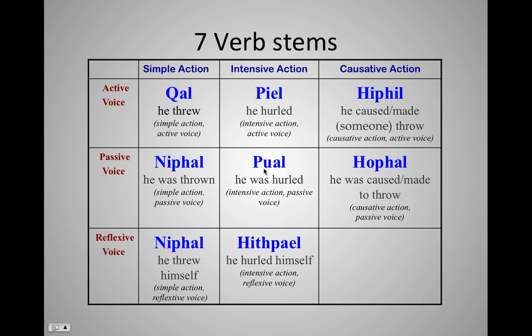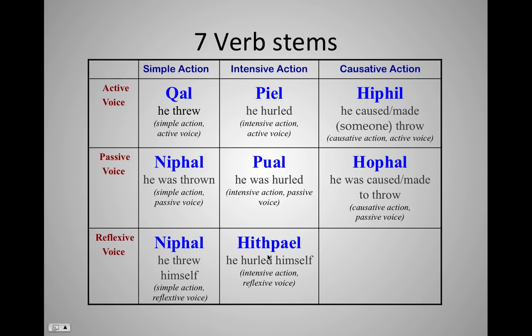Now you have some kind of connotation that Piel verbs are active and can be intensive action. It's helpful to know that not every verb fits into these neat categories. For example, we have some Piel verbs that are still active voice, but might not convey an intensive action. Some Piel verbs simply convey a simple action like Qal does.